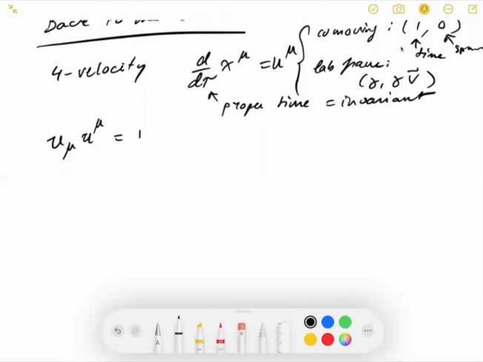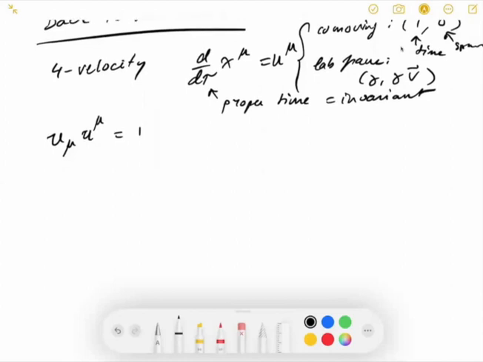When you work out the arithmetic, you get this. So this is an invariant. And the invariant here, because it is bigger than 0, means that this is time-like. And that's consistent with the fact that it could be the world line.